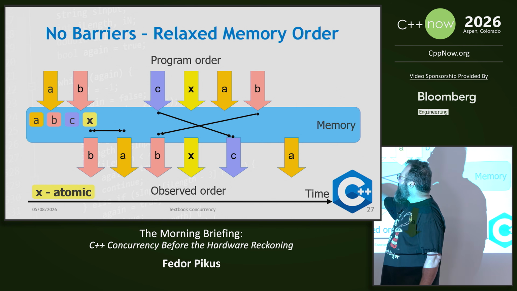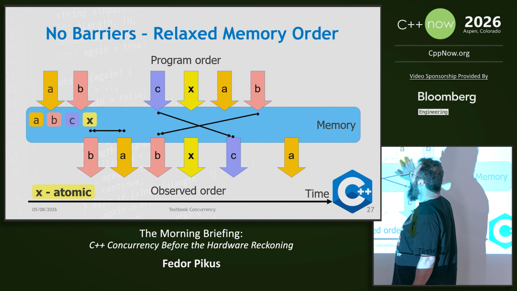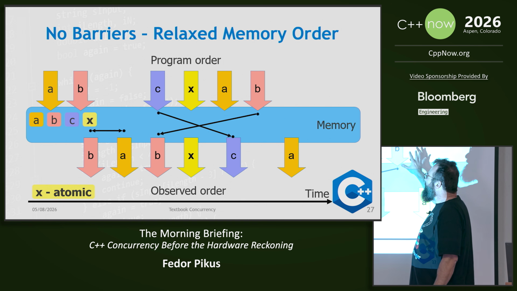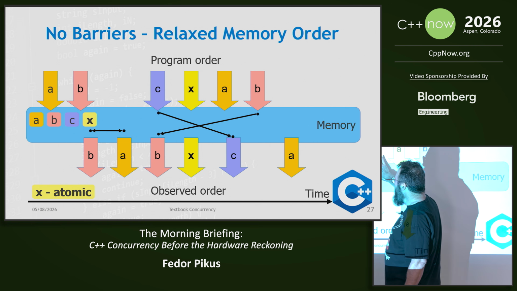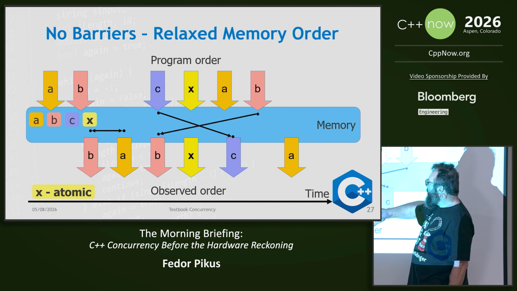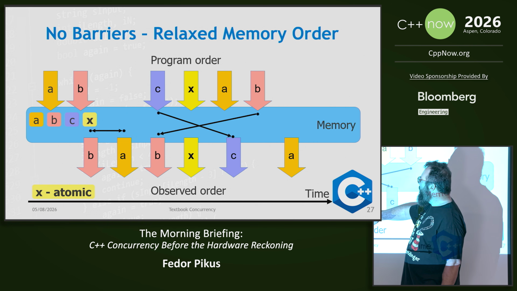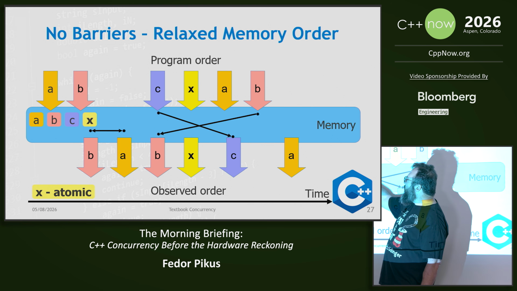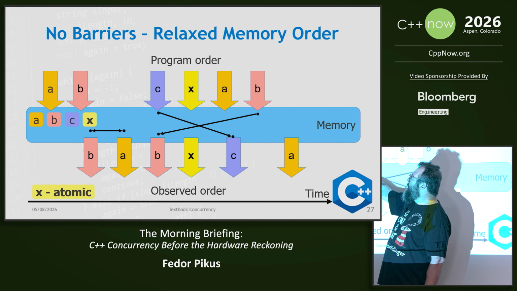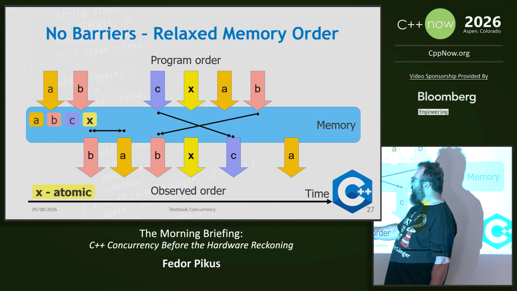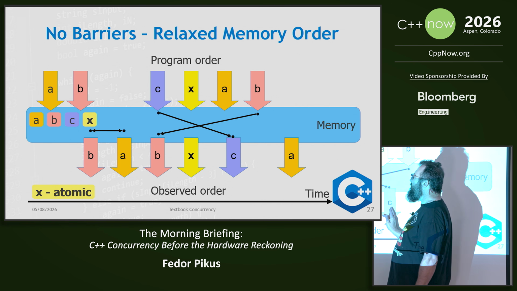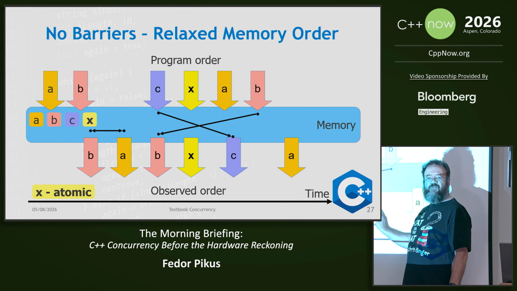The C++ standard says, okay, this is the program order, and yes, this is the result of the compiler optimization. After everything the compiler has done, this is the program order. This is what's observed. So we saw x change, and before x changed, we wrote C. If we try to read C on this other thread, we may not observe that new value until after x changed.